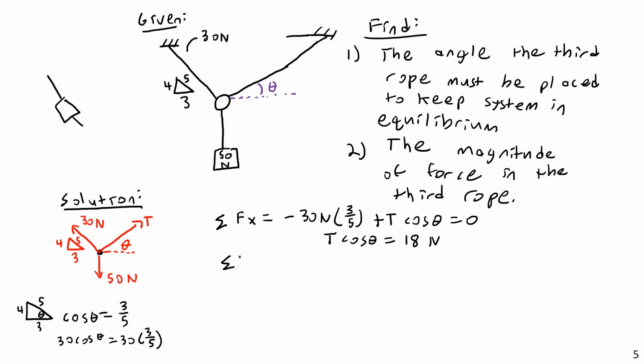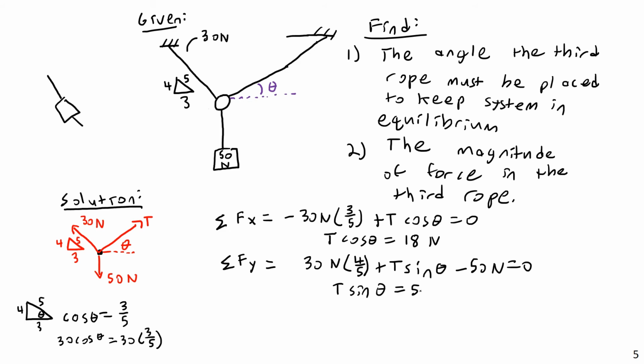Then the summation of forces in the y direction will be 30 newtons times 4 over 5, plus T times the sine of theta, minus 50 newtons, equals 0. And so then I can say that T sine theta is equal to 50 newtons minus 30 newtons times 4/5.